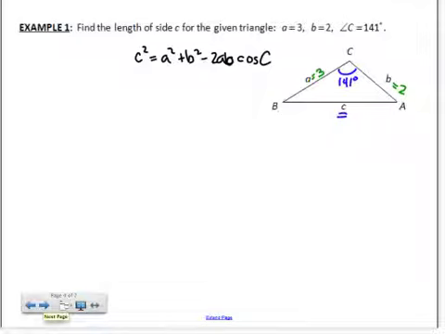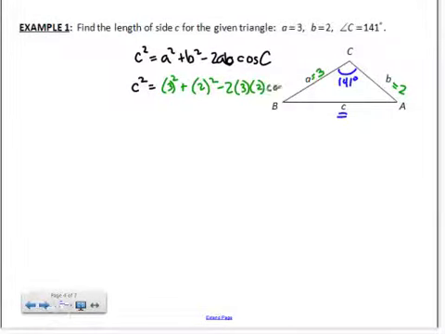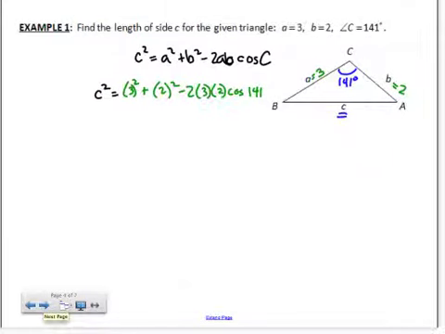All right, so now I'm just going to plug stuff in. c squared equals 3 squared plus 2 squared minus 2 times 3 times 2 cosine of 141 degrees, which equals 9 plus 4 minus 12 cosine of 141 degrees.